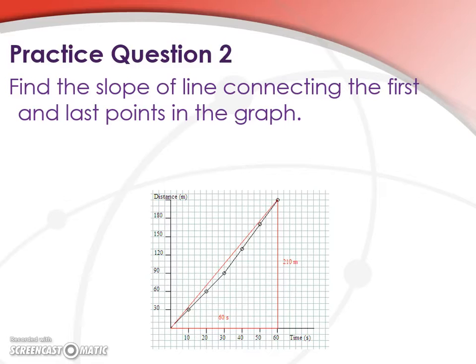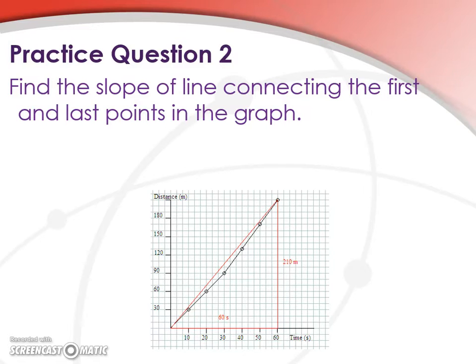If we take the slope, though, of the line connecting the first and last points in the graph, that will still describe a triangle. And that slope, we can still calculate, the slope of that line that doesn't connect the points but connects the first and last points.